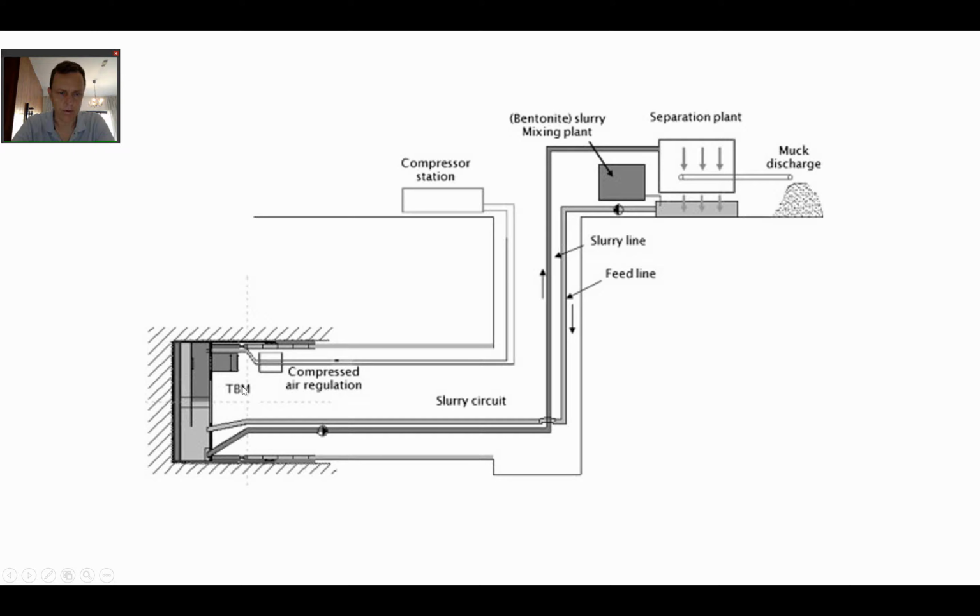Here's a diagram of the process. So the slurry, the compressed air, and the material comes into the chamber, suspended in the bentonite, and it is then pumped out. There's a separation of the grains and the bentonite up here at the ground level, and the bentonite is then pumped back into the chamber.